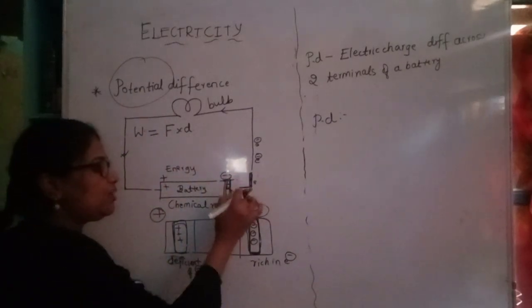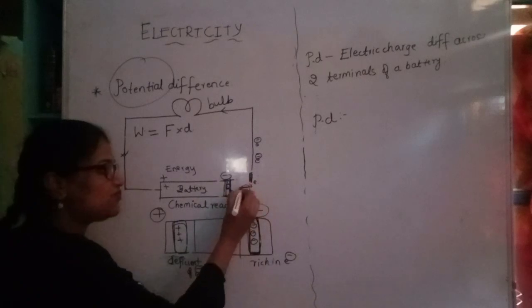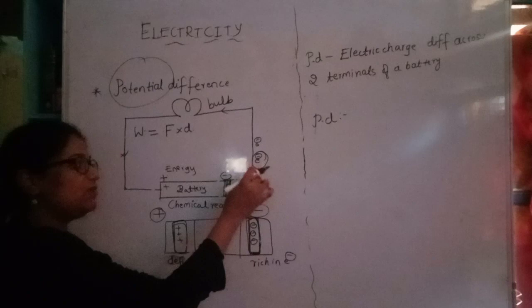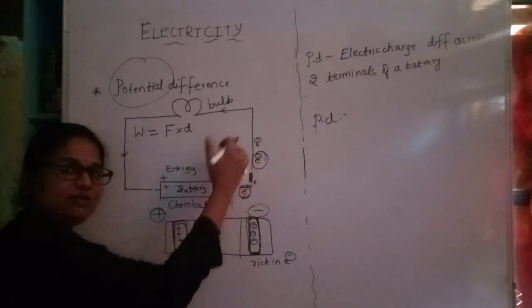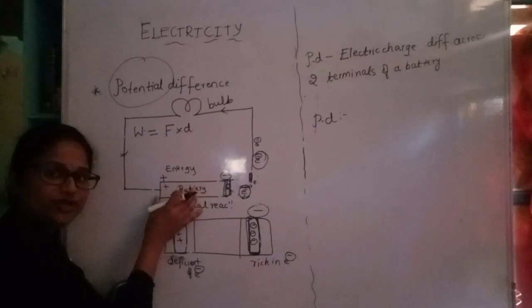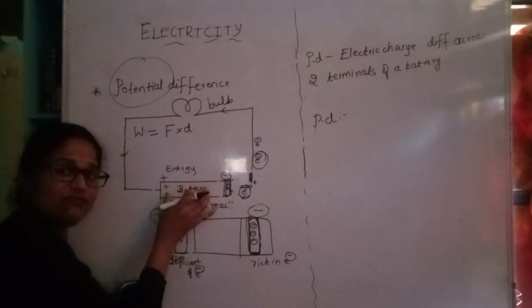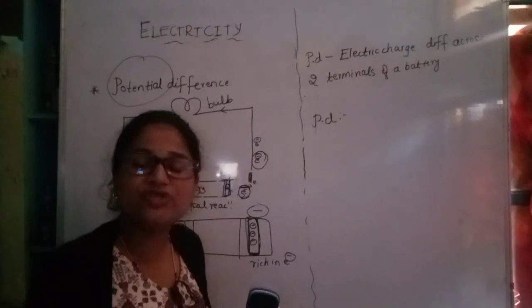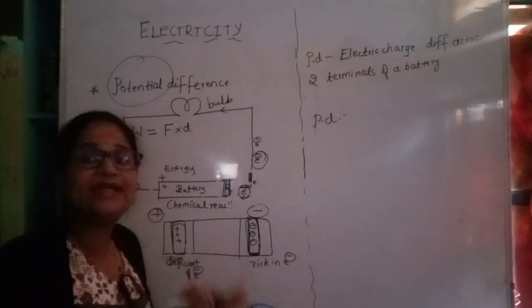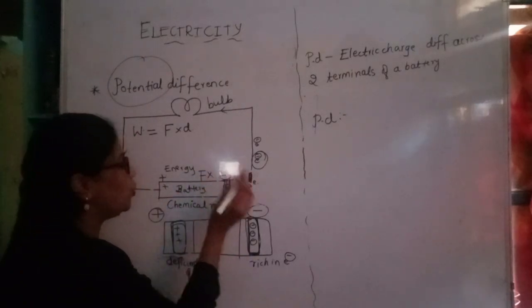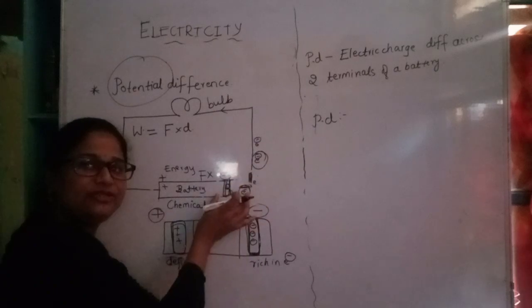And here it is the movement of a charge from an actual position to the other position. The electrons will be moving, they will be changing their place. So the force will be from the battery, the external force. How will that force come? That is due to the chemical reaction inside the battery, which creates some force. So this force into the displacement of the electrons.